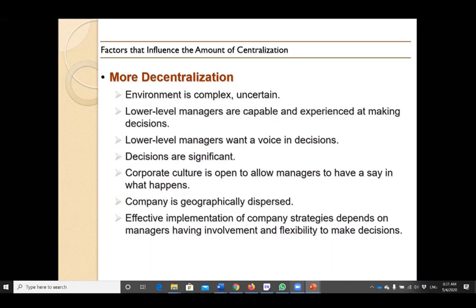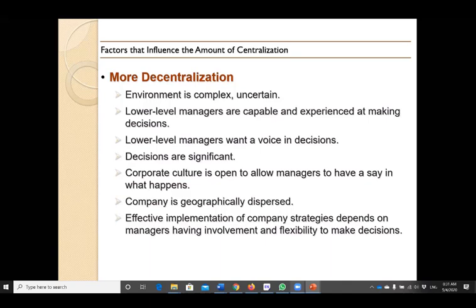Or the company is geographically dispersed, so the officers in the central office, in the main office, may not have enough capability to cover all of the areas, right?